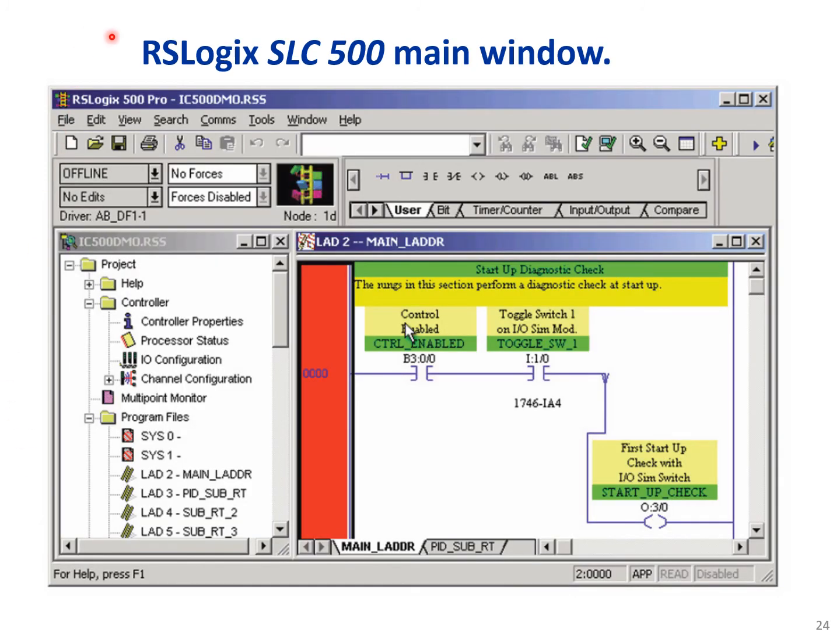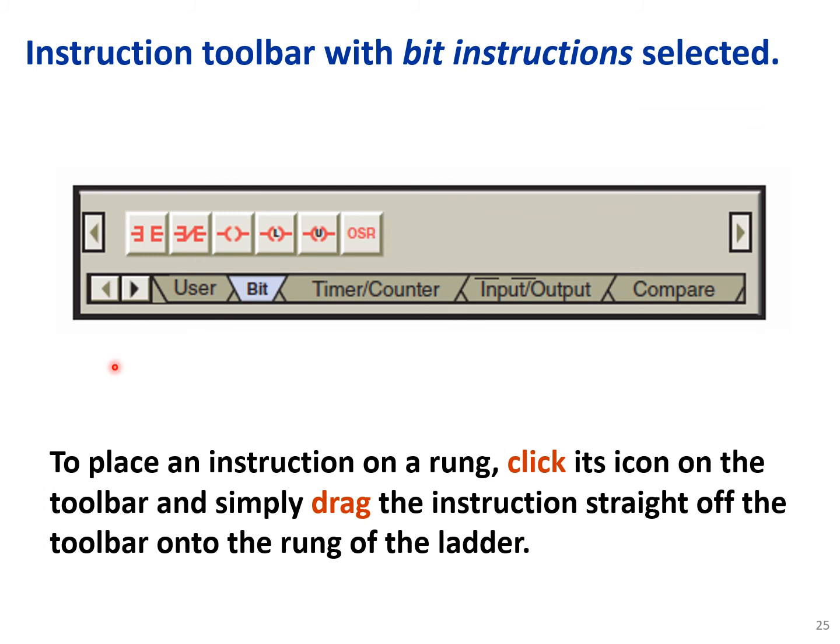RSLogix SLC 500 main window. Here you could see the main window, the ladder logic program, and the instruction toolbar with bit instruction selected. To place an instruction on a rung, click its icon on the toolbar and simply drag the instruction straight off the toolbar onto the rung of the ladder.